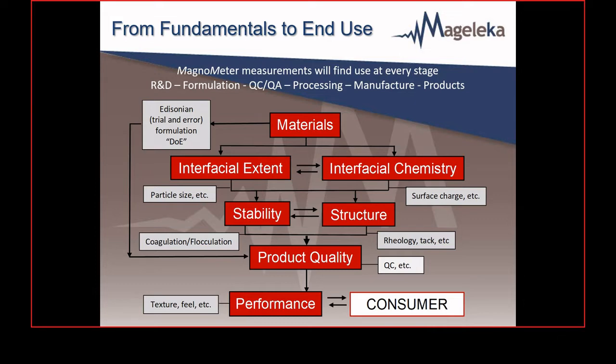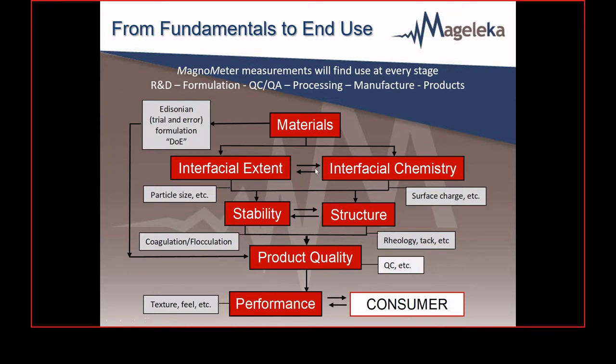I'm hoping to show you that NMR relaxation measurements are uniquely sensitive to two important features of any particle-liquid interface. The first is the extent of wetted surface in a suspension, and the second is the chemical nature of a particle surface.